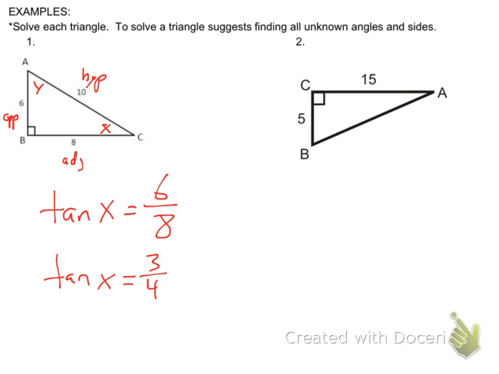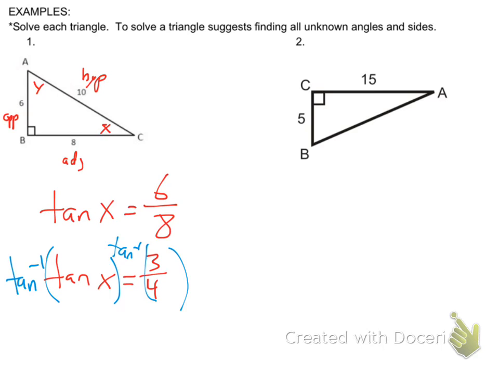And so, to get X by itself, I need to take the inverse function of both sides. What's the inverse function of tangent? It becomes the inverse tangent. Listen carefully. This is the proper way to do this: the inverse tangent of both sides.